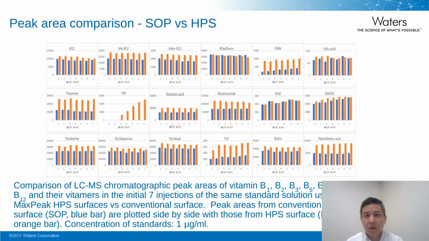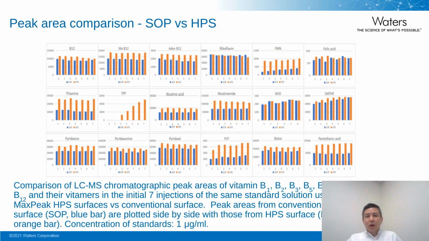And here's some results we obtained in our comparison study. This one shows the peak area comparison obtained from SOP setup versus HPS setup for the first 7 initial injections. Again, SOP representing the typical conventional system without the MaxPeak HPS surface, and the HPS setup representing the system with the new MaxPeak HPS technology.